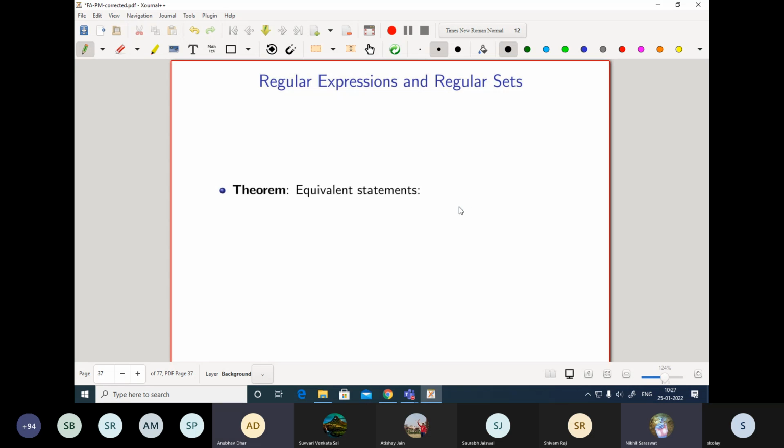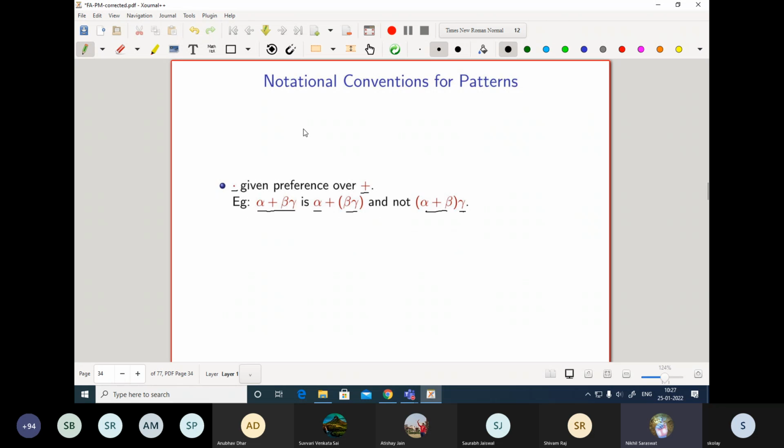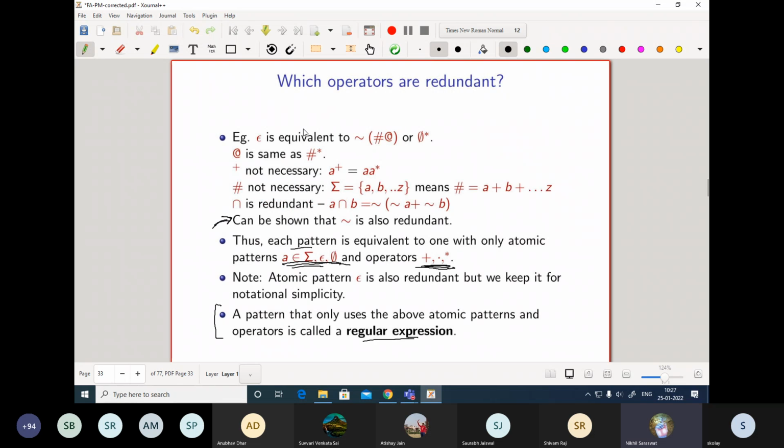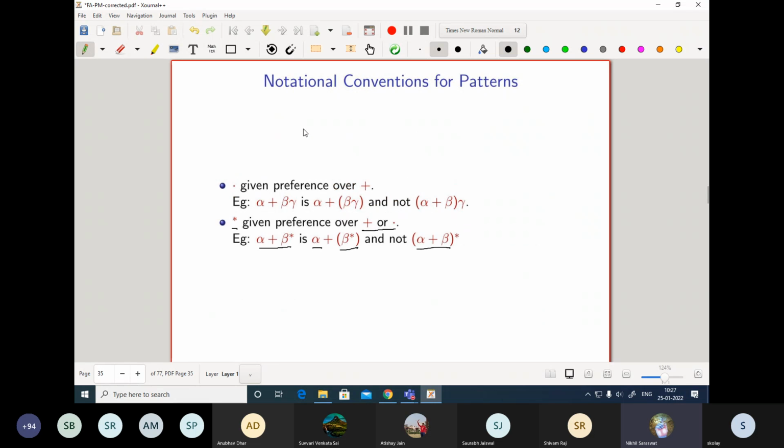Yes, ma'am. Okay, so now we are going to be looking at a relation between regular expressions and regular sets. So we saw what regular expressions were. They were patterns where we were restricting the symbols in sigma dagger to be only symbols in A, and we were also including epsilon, the null symbol, for simplicity, and binary plus, binary concatenation, and unary asterisk.